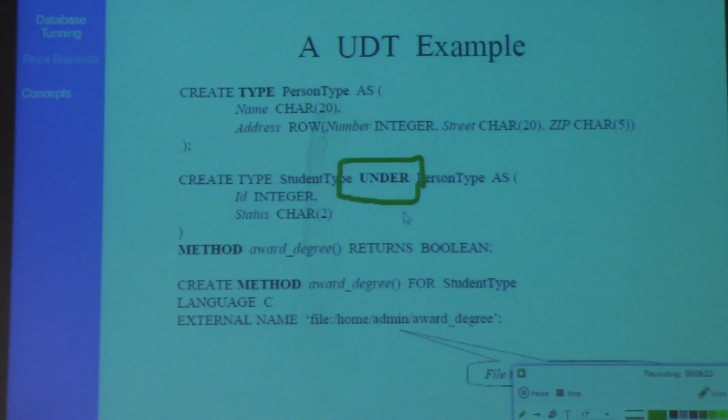How do you define inheritance? In Java it is extends; here it is under. Create type student under person type. It means that the student inherits whatever person had plus something more, like an integer as an ID or status as a character.